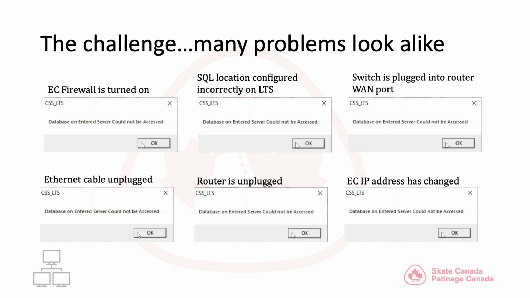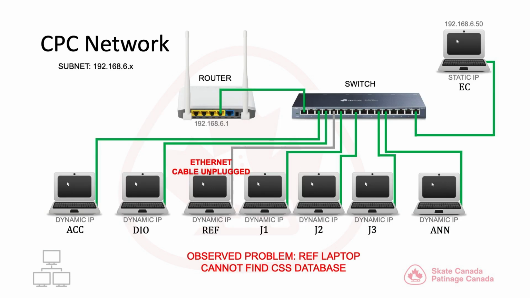Now looking back at our network schematic, let's say that the problem is that the referee's laptop Ethernet cable is loose or unplugged. The connection to the switch will be lost, which is shown by the gray line in this diagram. But the network connections for the rest of our devices will still function, which is shown in this diagram as green lines.